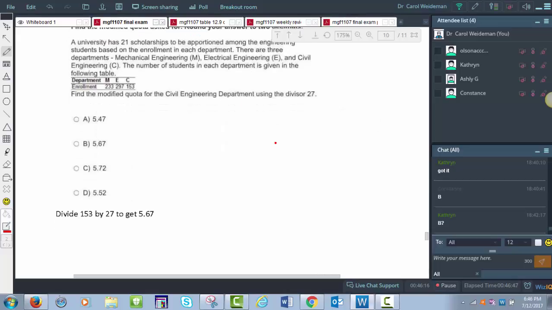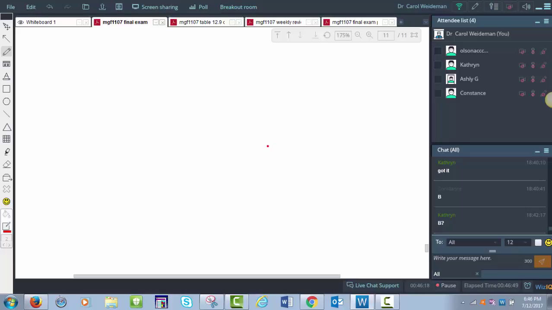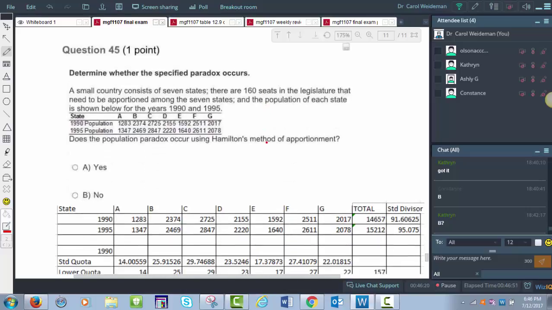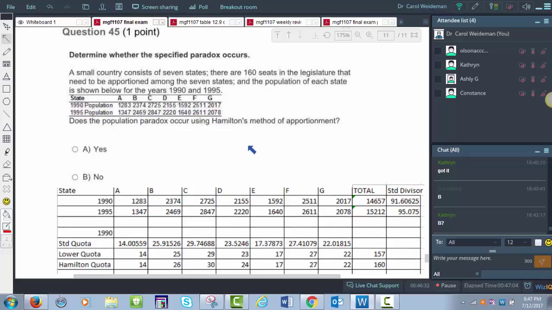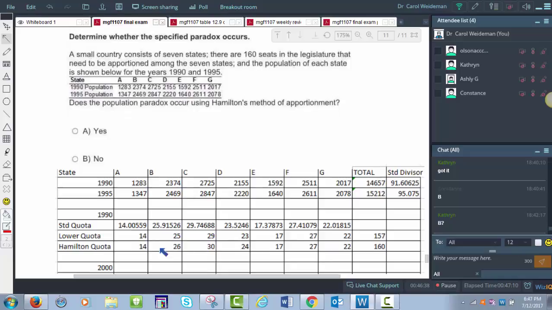So let me jump over here. All right, so what do we have to do? Remember this one, because they gave us 2 different years, and we have 160 seats in 7 states, and what happened over the time period is the population went up. So what I did was I did my allocations in 1990, down here. I got the lower quota. I used the Hamilton quota.